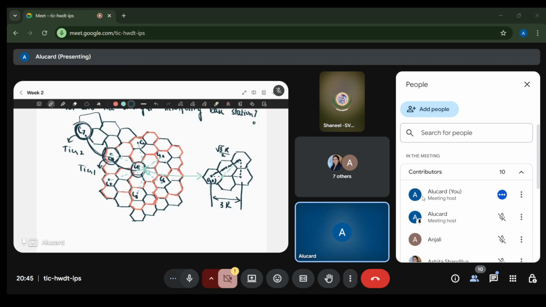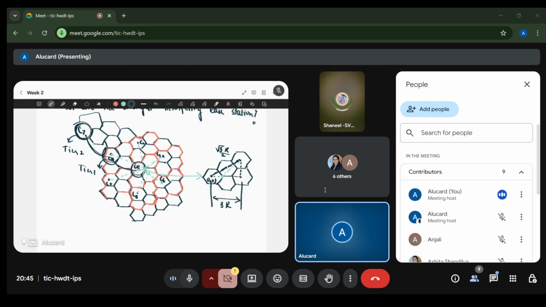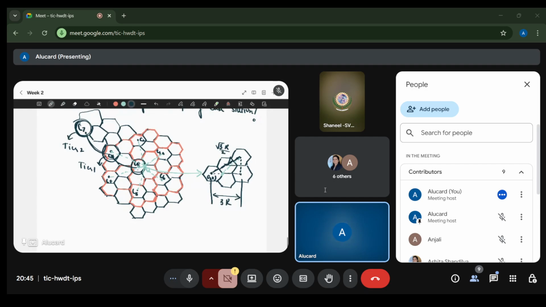There are four of those. Because this is an equilateral triangle and that is a bisector, this is R by 2 and this is R. So it's the square root of R squared minus R squared by 4.